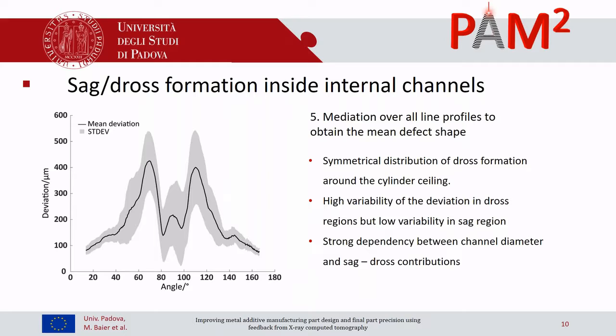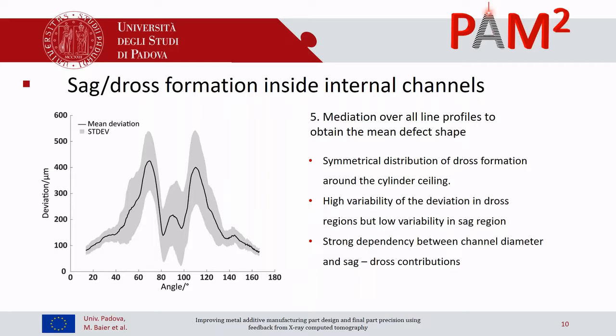So both peaks appear at basically the same distance from the 90 degrees. And you have the highest variability between 45 degrees to the left and 45 degrees to the right, which is basically exactly the area where you usually would put supports in your overhangs, but in the internal channels, of course, you want to avoid it because you cannot remove it afterwards.